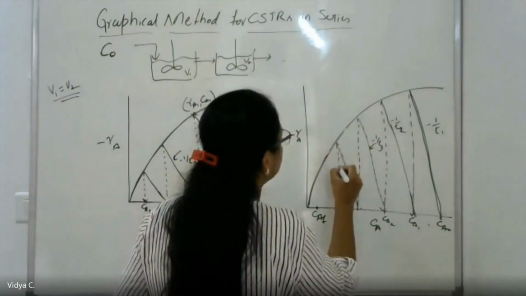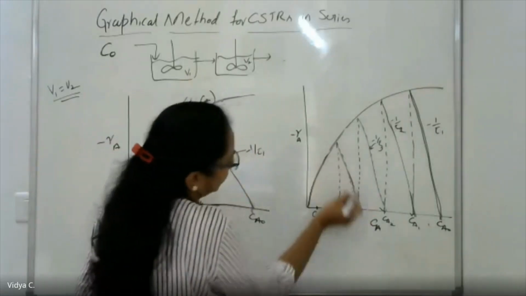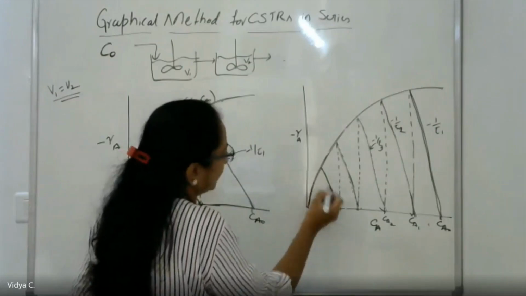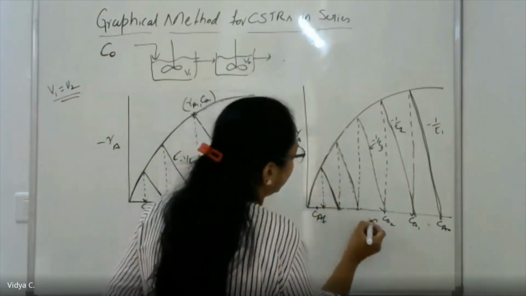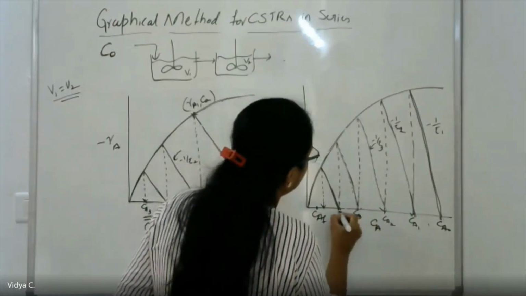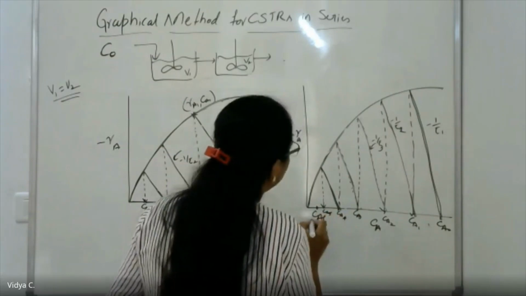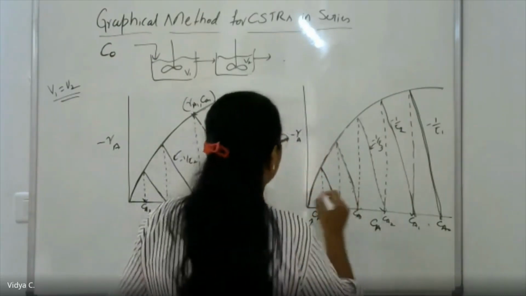I'm getting this. So you can observe here CA2, CA3, CA4, CA5. But CAF is still here. You can observe the CAF.